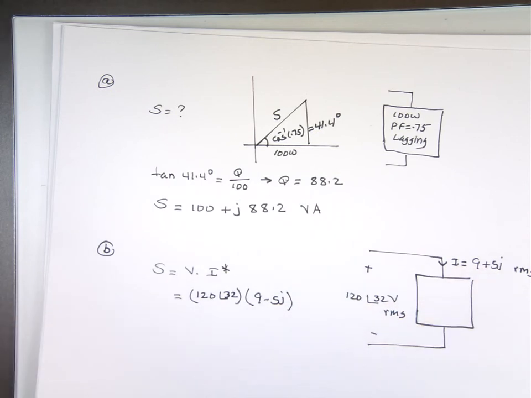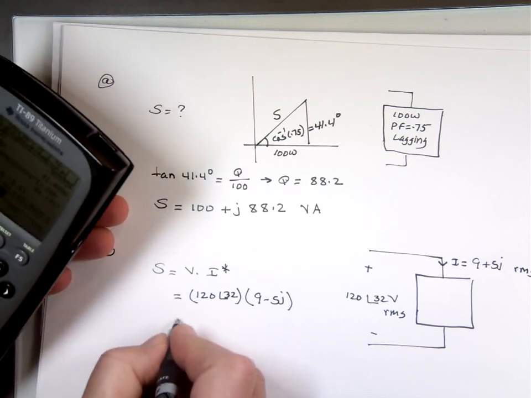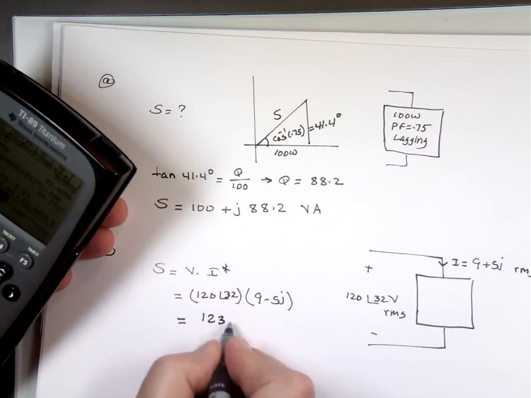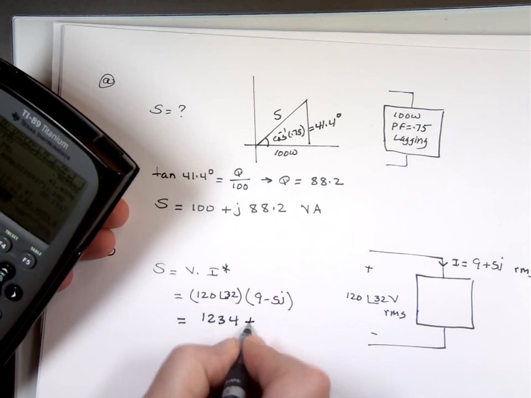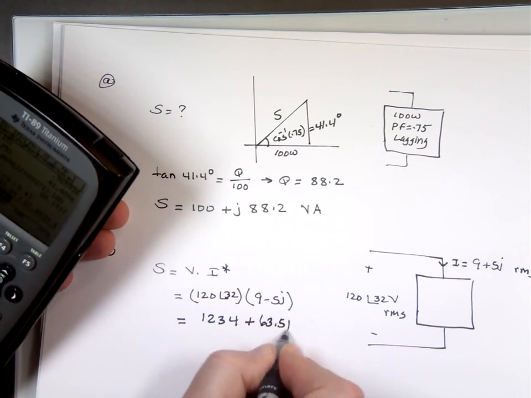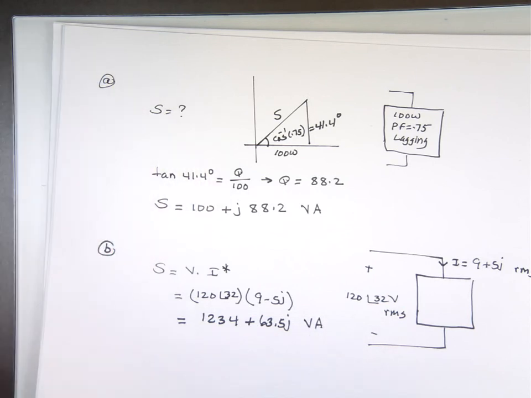I came up with complex power of roughly 1,0 something, I rounded, plus 63.5j. That's part B. Two more parts, and this problem is over.